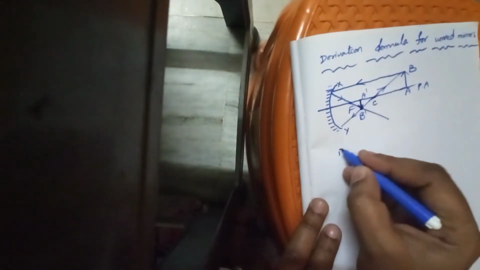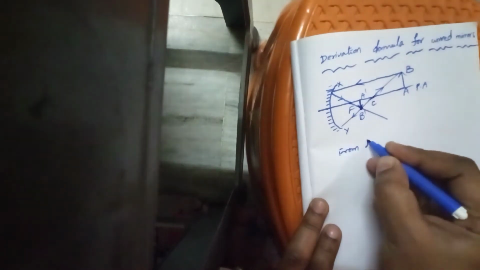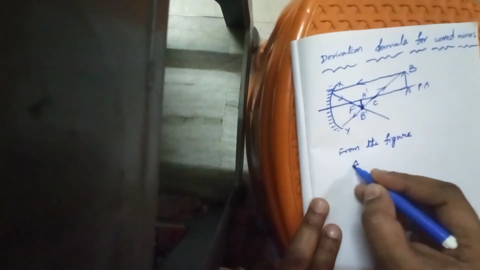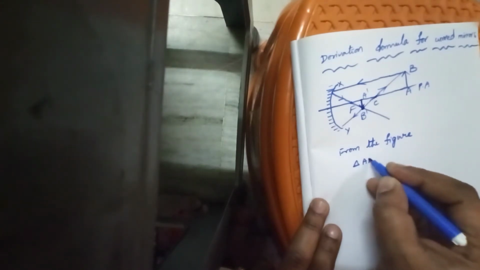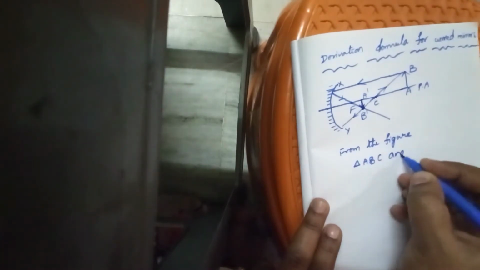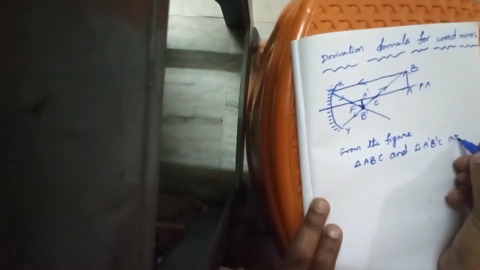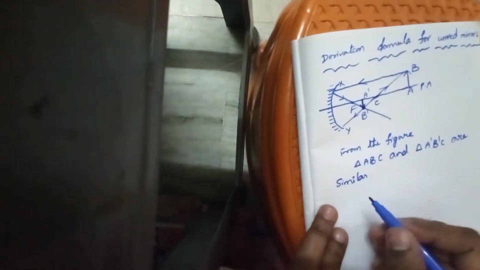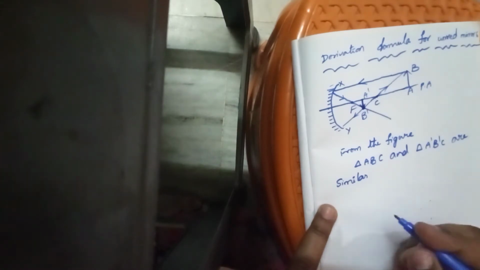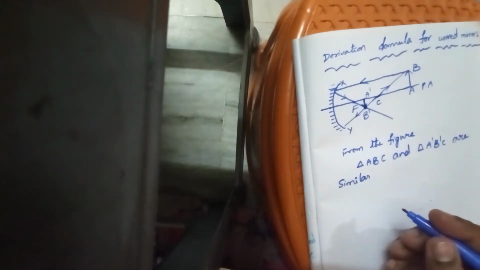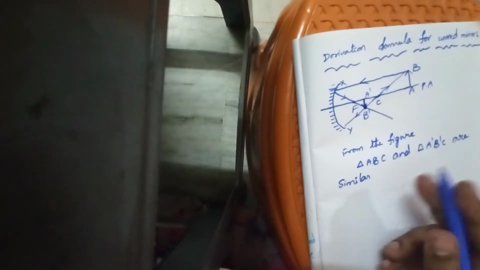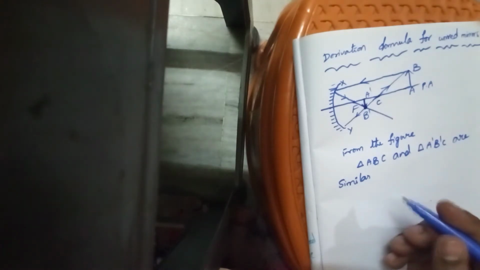So from the figure, triangle ABC and triangle A dash B dash C are similar. How can we say these two triangles are similar? By the RHS criterion we can say these are similar triangles.